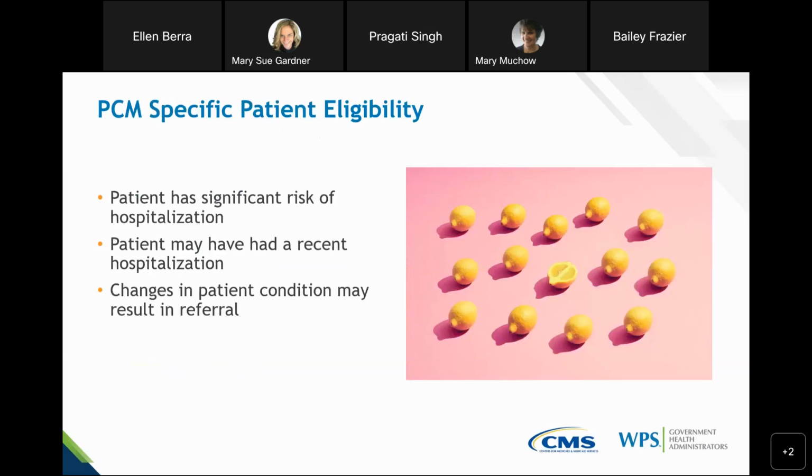So you can see here the patient has a significant risk of hospitalization. Changes in a patient condition may result in a referral.